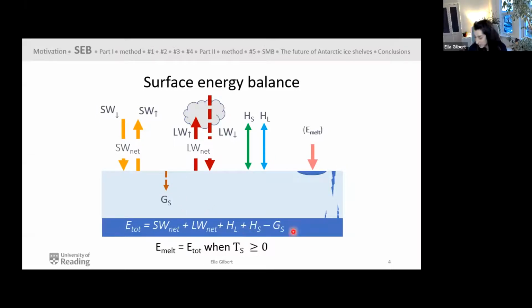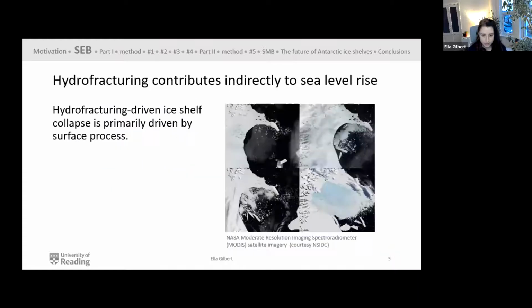If we add all of that together, we get this term E_tot, which is essentially the sum. And then if the temperature is warm enough, i.e. we're at the melt point at the surface, then we can get melting. And because melt is what we're interested in the context of hydrofracturing for ice shelves, that's what we're going to focus on here.